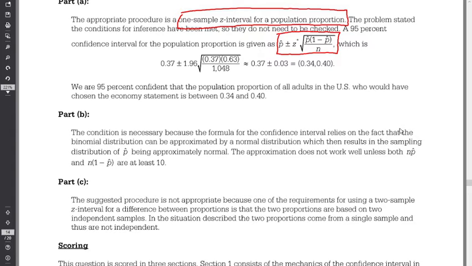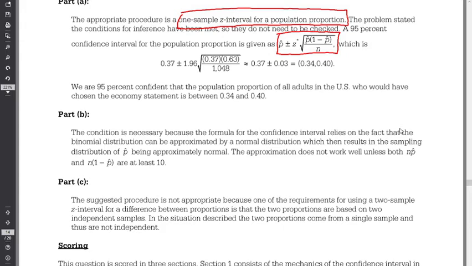So the formula for a confidence interval relies on the fact that when we go to the sampling distribution, we can use a normal approximation of the actual distribution, which is a binomial distribution. So that's the reason we're using a normal distribution. And they looked for you specifically to say that in order to get full credit here. So this was tough to get all the points for.